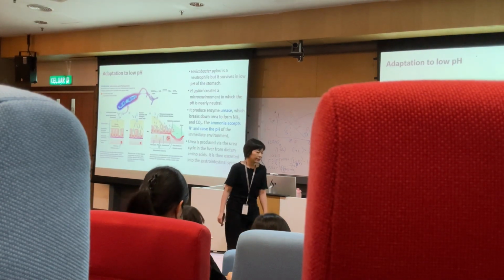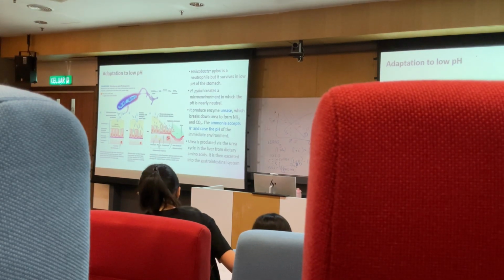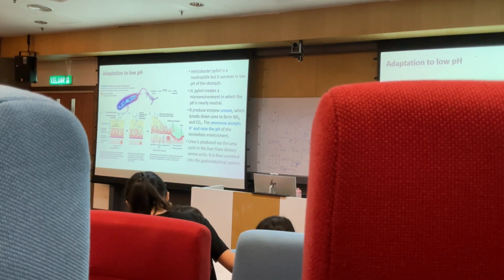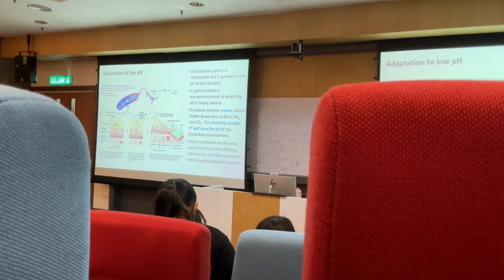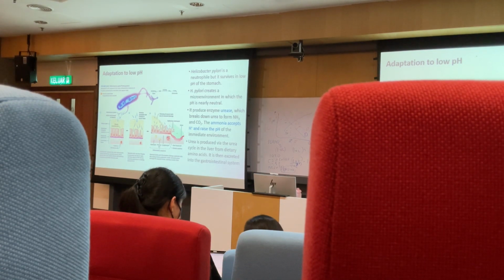Oh, this one is Helicobacter pylori. Helicobacter pylori is a neutrophile, meaning that it doesn't like low pH, it doesn't like high pH. It likes pH 7, neutral.